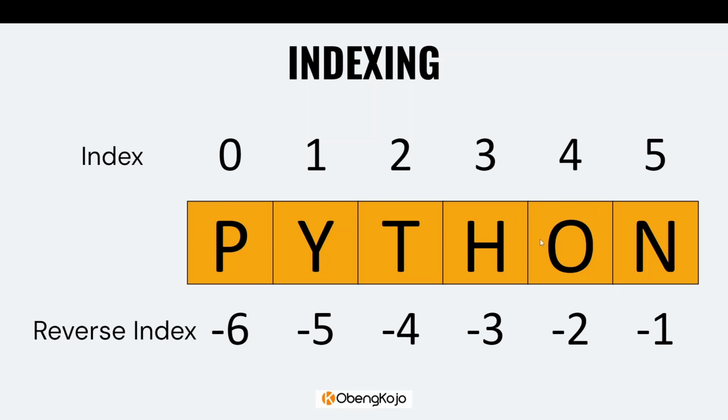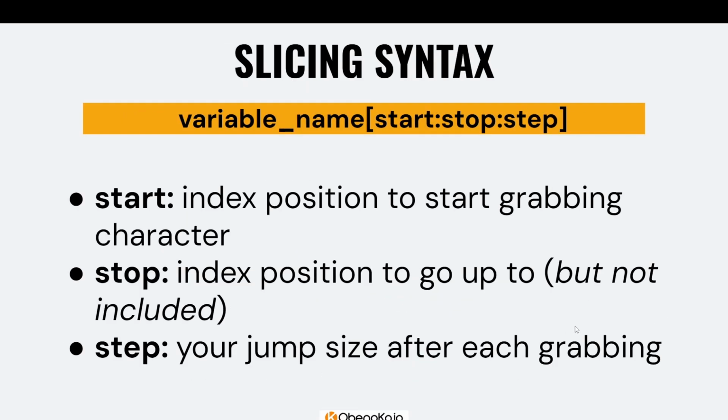Then we are going to say a step of 2. So after grabbing P, it is going to jump 1, 2, then we get our T. It's going to jump 1, 2, then we get our O. So the step is the number of jumps you make before you grab your next character within the string. Alright, so that is that.